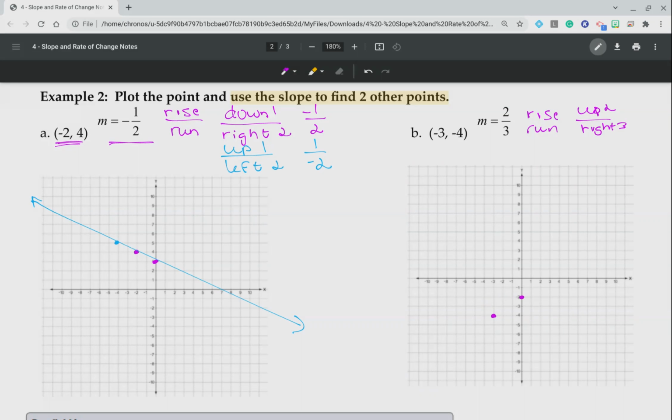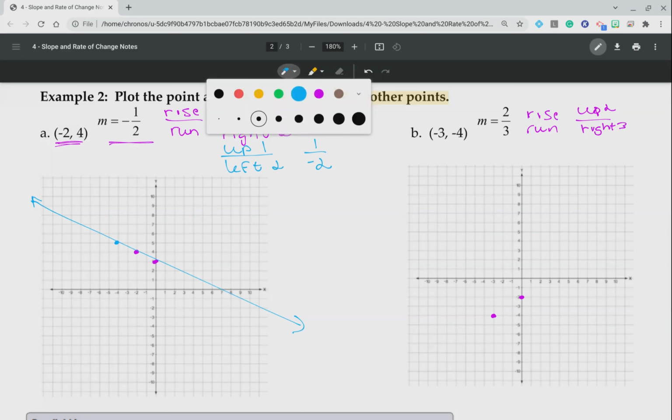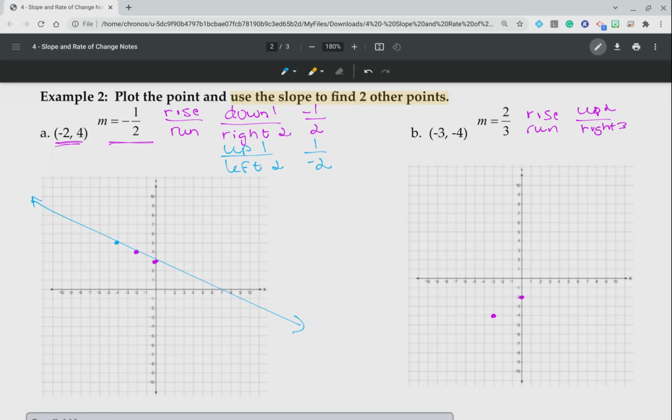Okay, now I said I want to go 1 to the right, 1 to the left. Not for any specific reason, just so that we can see how this works. Well, positive 2 over 3 is the same thing as -2 over -3, right? Those negatives cancel out and it gives us a positive 2/3. But since I want to go to the left, I'm going to use -2 over -3, which means the exact same thing.